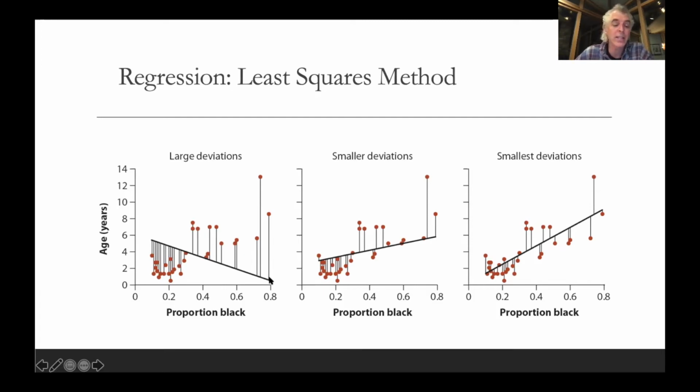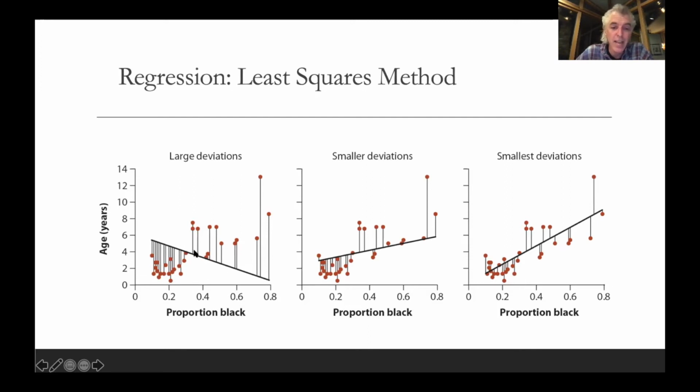Well, one of the ways that we can do this is by measuring how different each observation is from the line. And these are what are called deviations, or in the case of linear regression, called residuals. And so we can see that if we draw a line that looks like this and calculate how far away each observation is from the line, the line and the dots are pretty far away from one another on average.